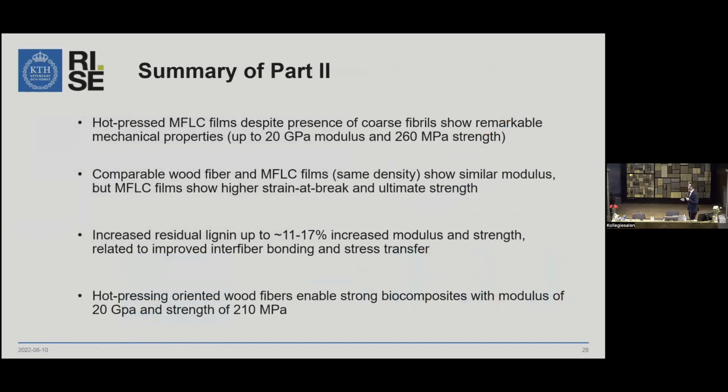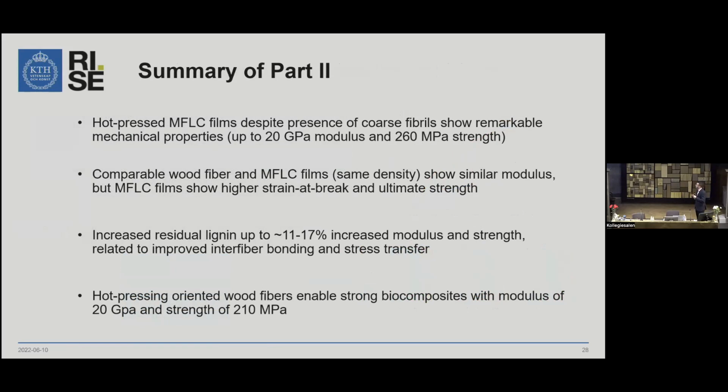So to summarize this part, we have created hot press MFLC films. Despite the presence of coarse fibrils, these nanopapers showed really high mechanical properties, up to 220 gigapascal and 260 megapascal in strength.